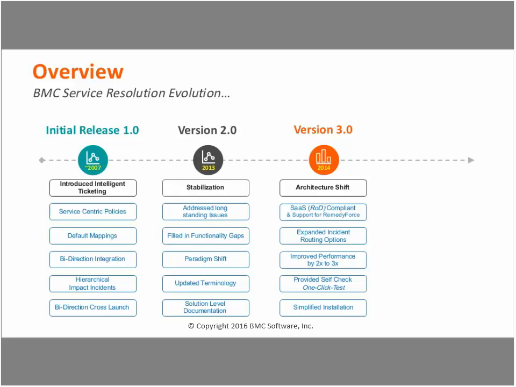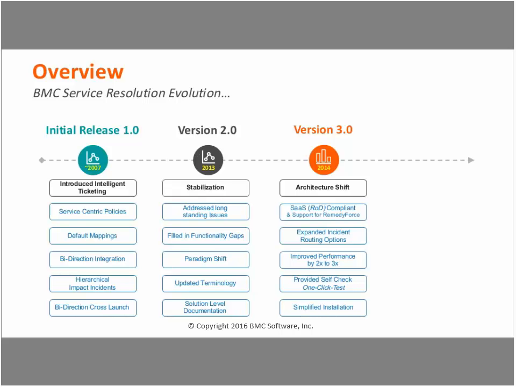Even going from 1.0 to 2.0, but more specifically going from the 2.0 to the new architecture, is reconciling the customizations that customers had done before in order to make sure that it worked the way they needed to, and reconcile that with the fact that those customizations, in many cases, are now available out of the box. So how do you deprecate your customizations and start leveraging the out-of-the-box approach to solving that problem?